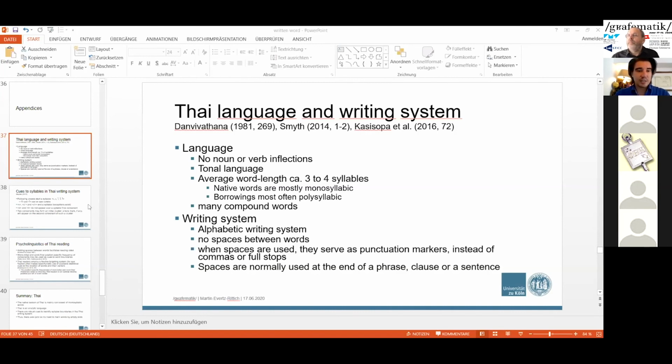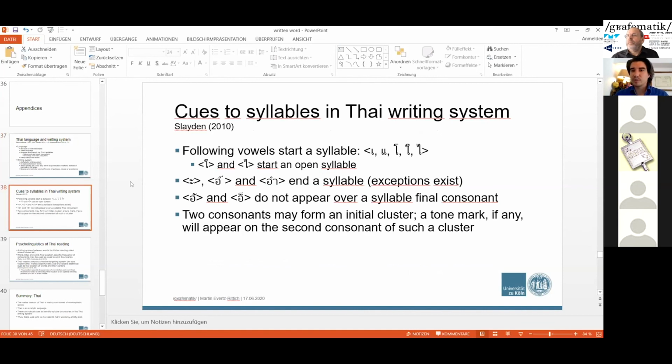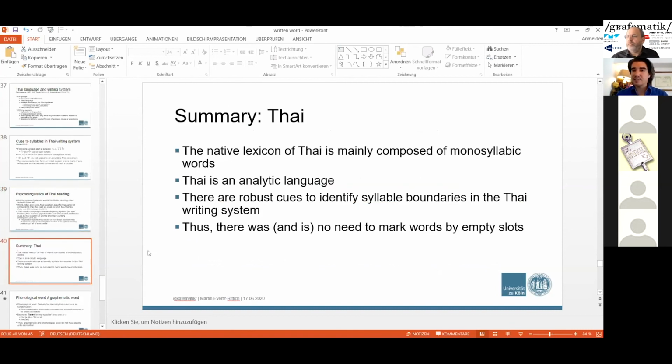And actually, there are cues to syllables in the Thai writing system. There are certain vowels which start a syllable. There are certain characters that end a syllable, and so on and so forth. So you can actually identify the syllable quite easily.